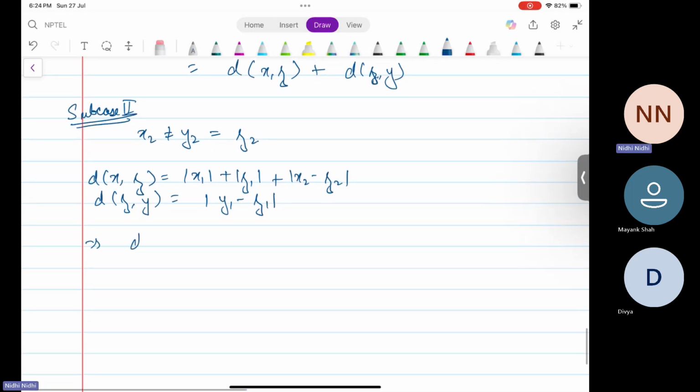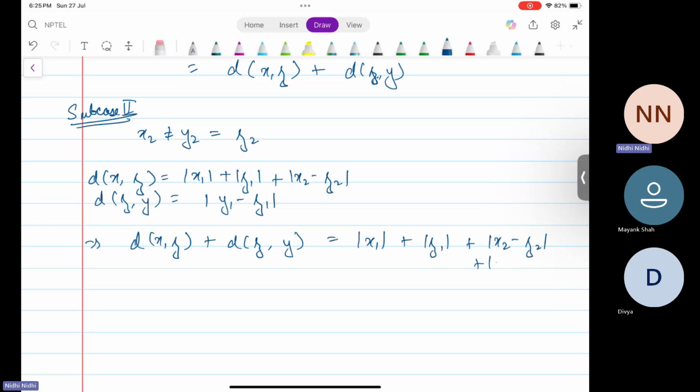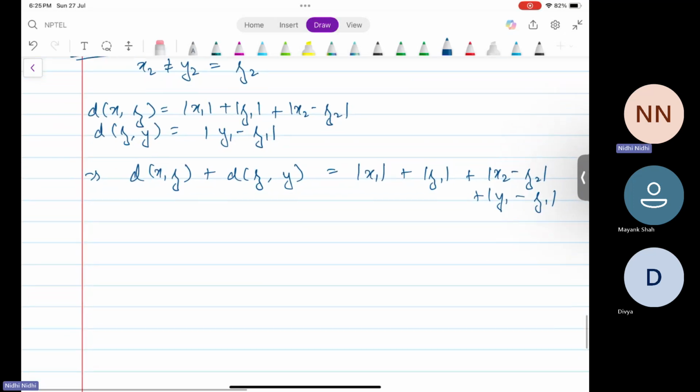So this implies dxz plus dzy is equal to mod x1 plus mod z1 plus mod x2 minus z2 plus mod y1 minus z1. Now this is greater than or equal to mod x1 plus mod y1 plus mod x2 minus z2.